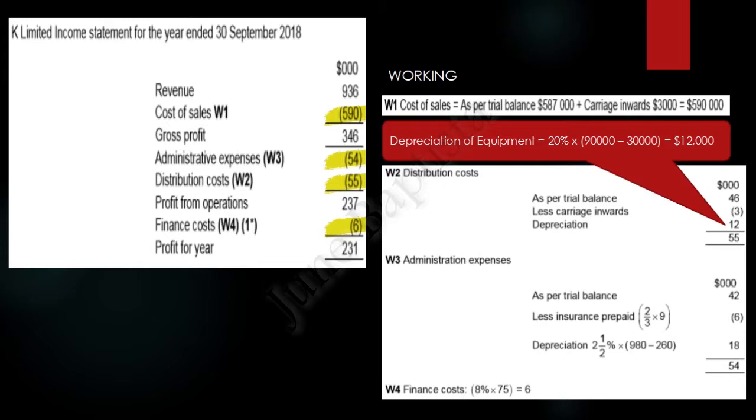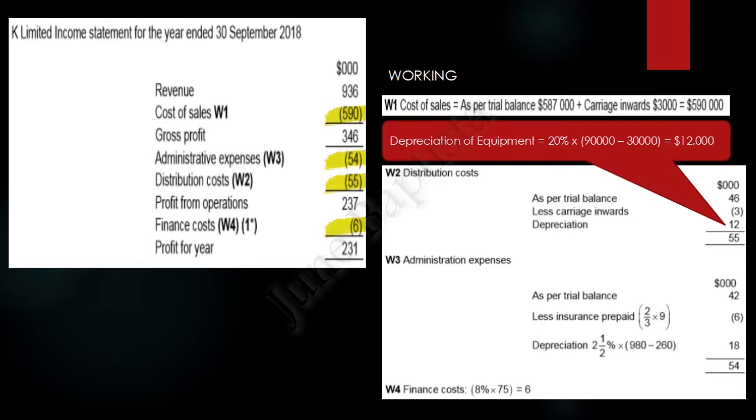Revenue $936,000 minus cost of sales $590,000. That gives you a gross profit of $346,000, from which administration expenses $54,000 as per working three and distribution expenses $55,000 as per working two are subtracted to give us a profit from operations of $237,000.